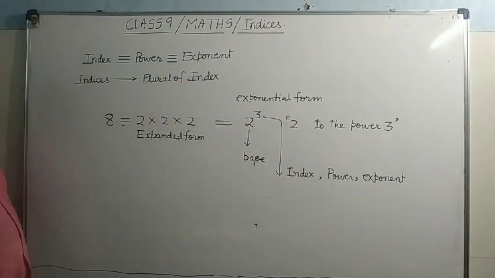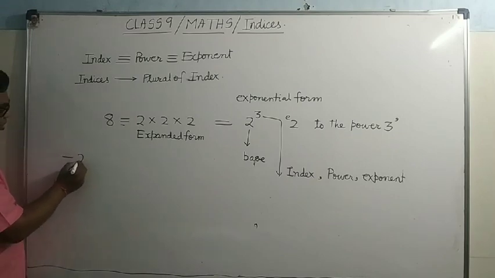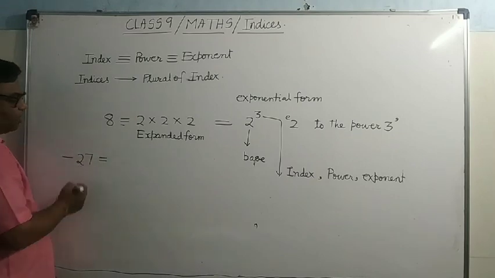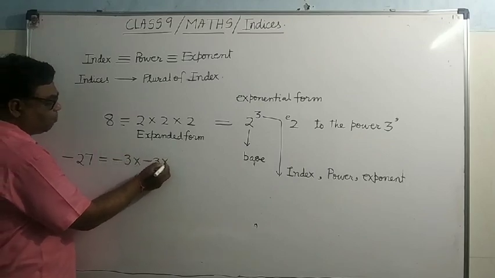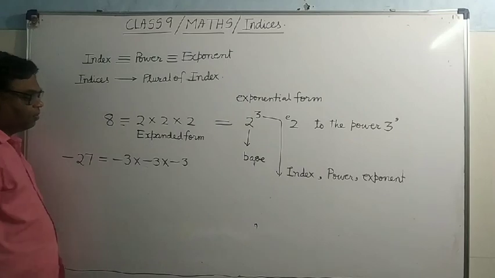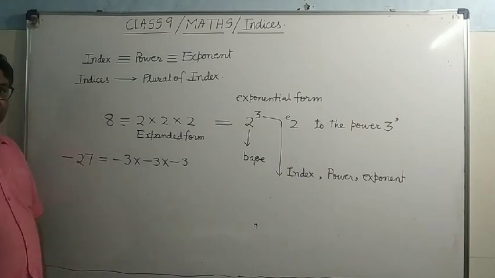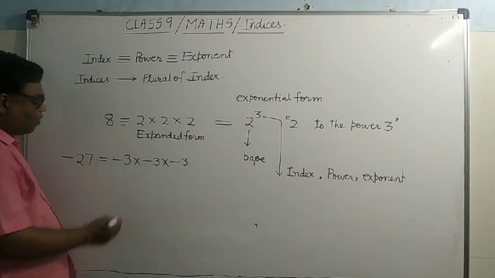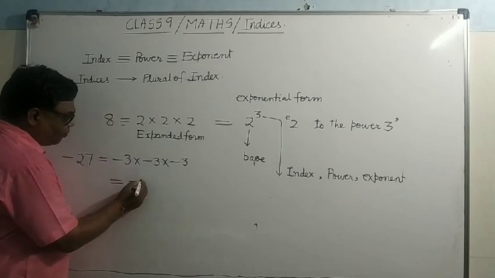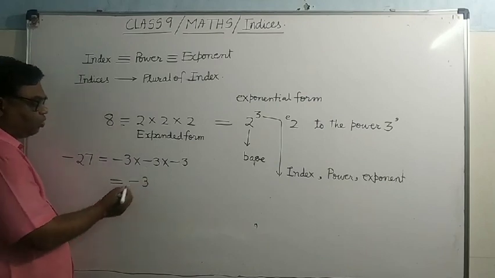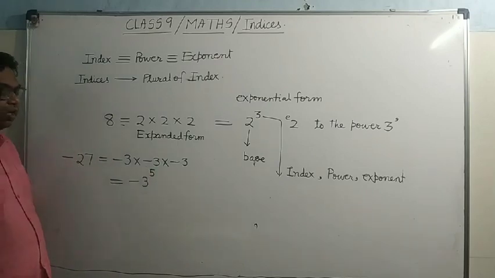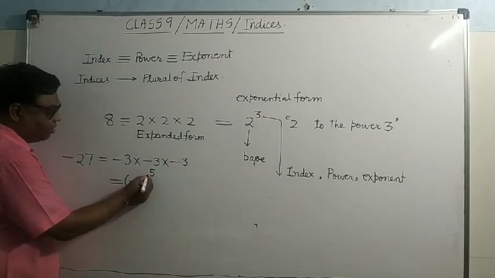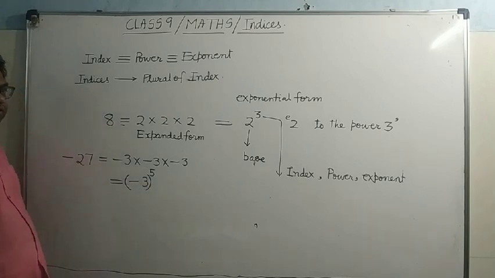For example, minus 27. We can write it as minus 3 into minus 3 into minus 3. What will you write in the power form, in the exponent form? We will not write this way. We will write minus 3 within bracket whole to the power 3. And why?